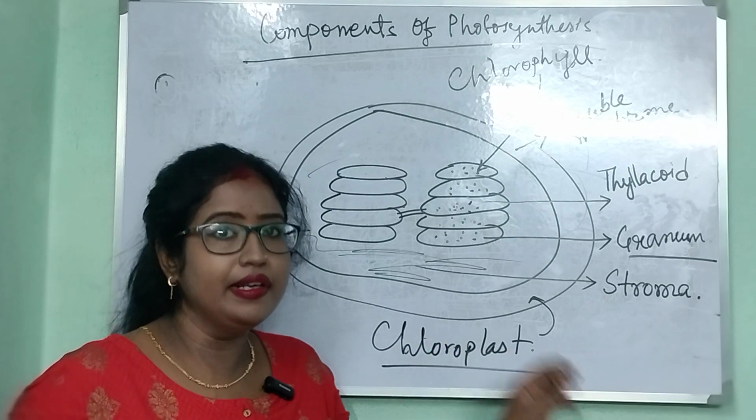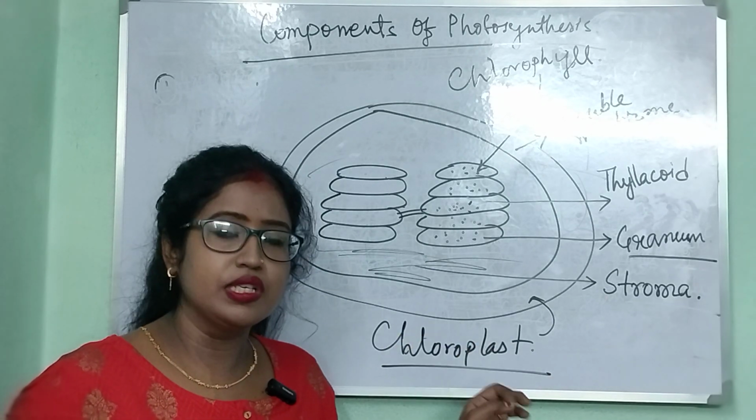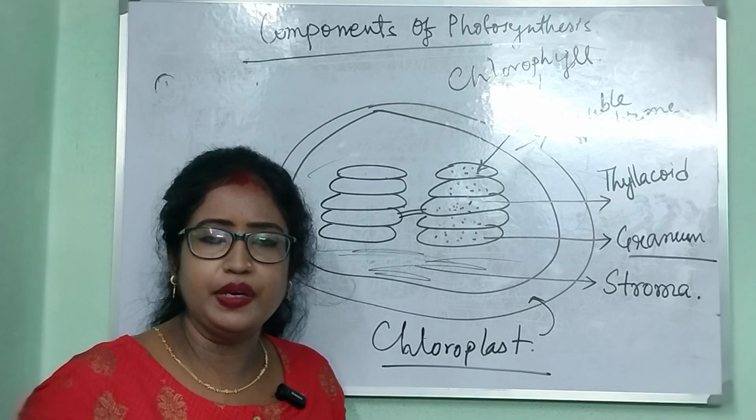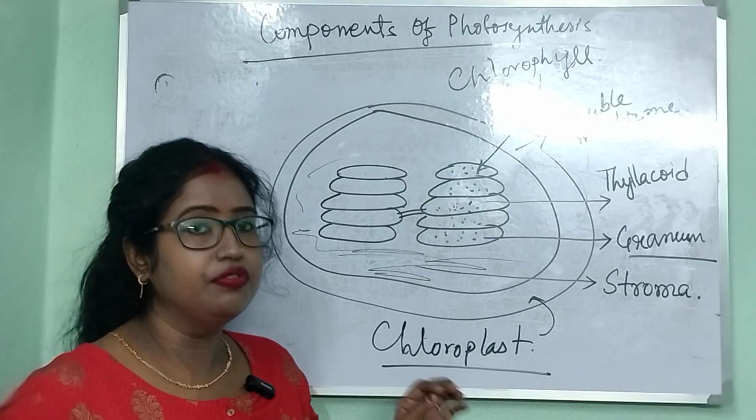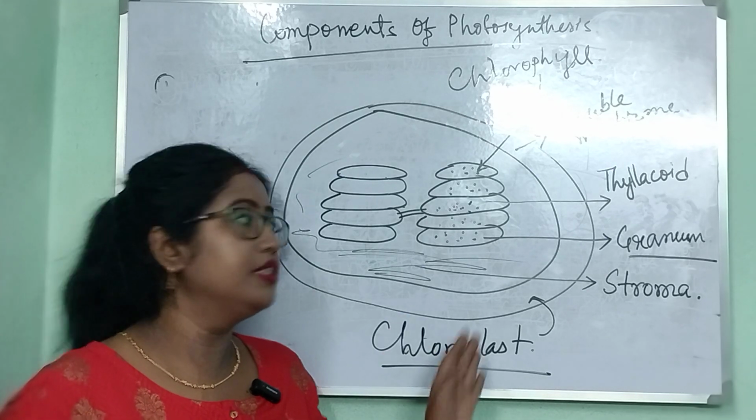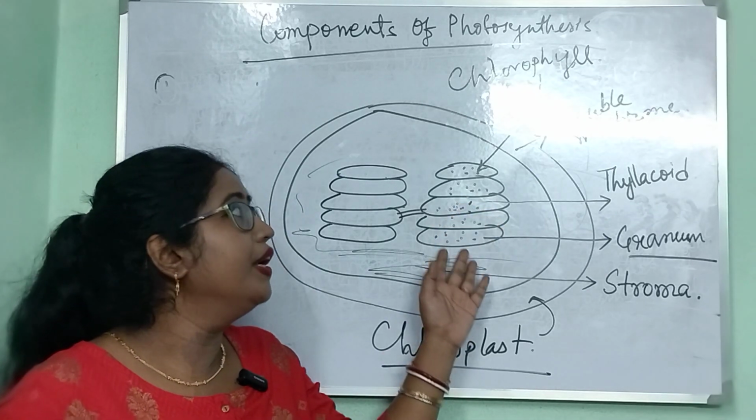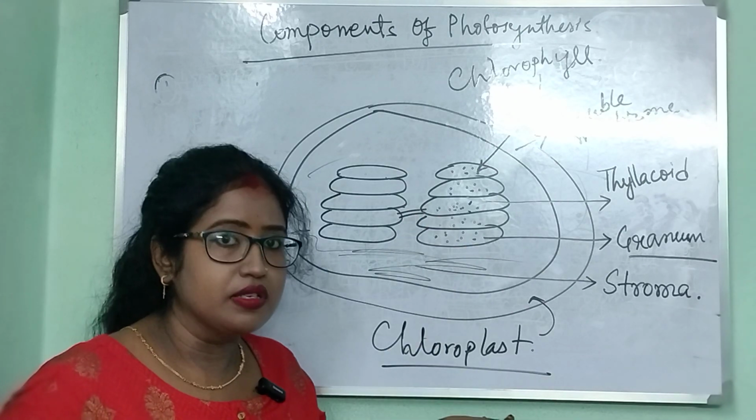The light dependent reaction of photosynthesis, which we will discuss in later classes, takes place in the thylakoid of the chloroplast.